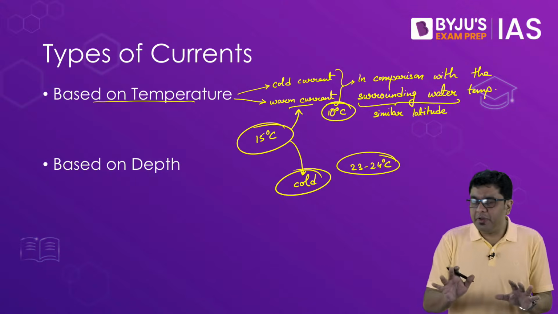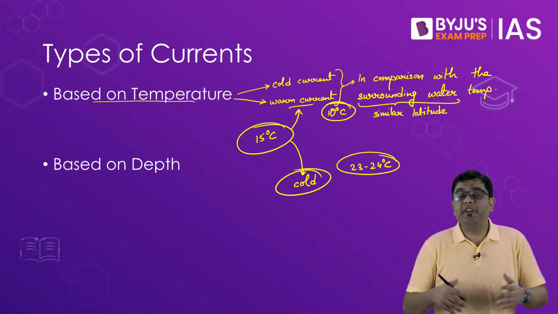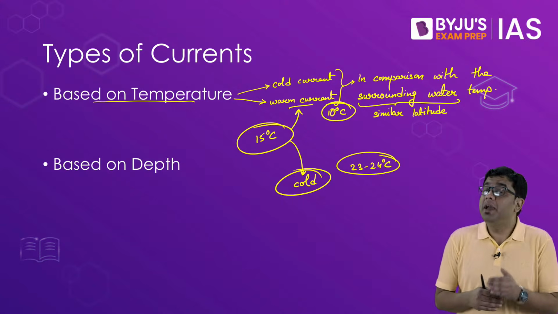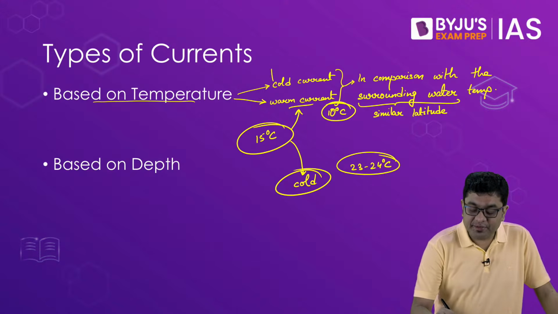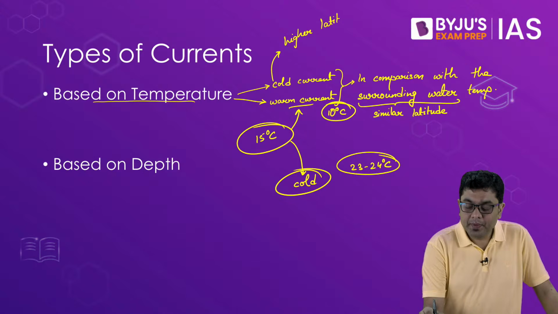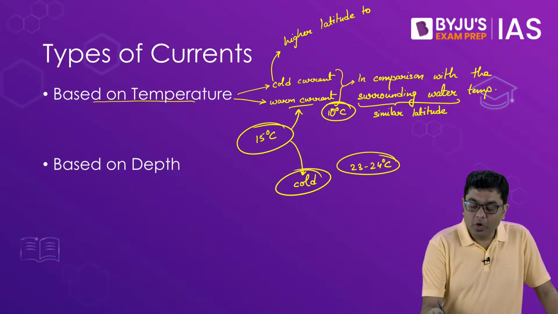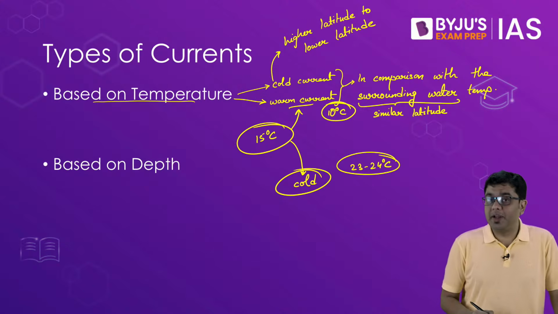Okay? As a general thumb rule, you can always understand this: when you have water moving from higher latitude to lower latitude, that is what is classified as a cold current. Generally, water coming from higher latitude to lower latitude, that is referred to as a cold current.